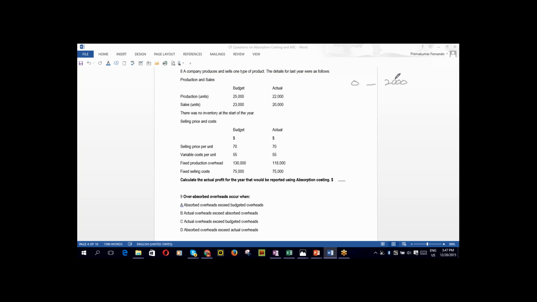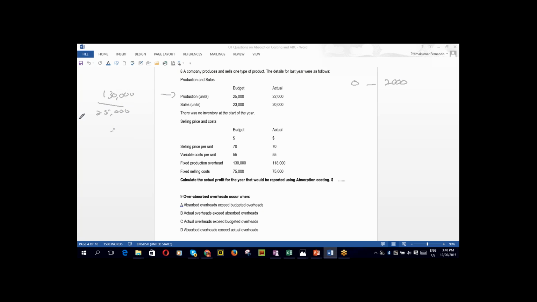So now we can see the overhead absorption rate. How can we calculate it? The budget is 130,000 fixed production overheads, based on 25,000 units of production. So the absorption rate is 130 divided by 25.